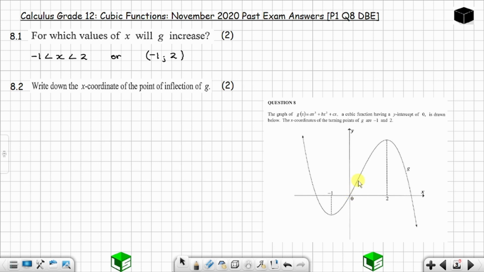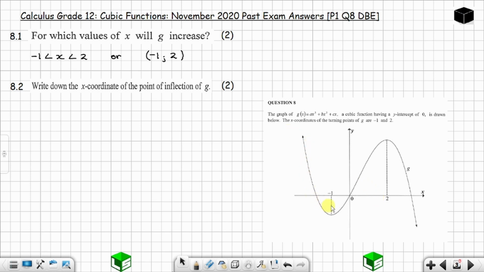Probably it's after 0, and we are going to see that. You find it by taking this plus this and dividing by 2, because the point of inflection is halfway between the x coordinates of the turning points. And again, remember, the point of inflection is the point where the graph is changing concavity.